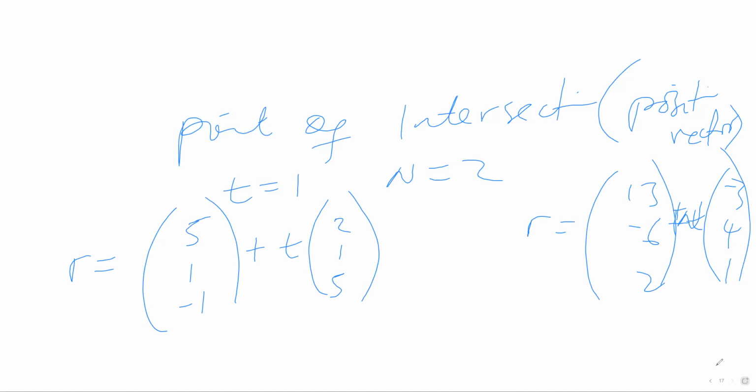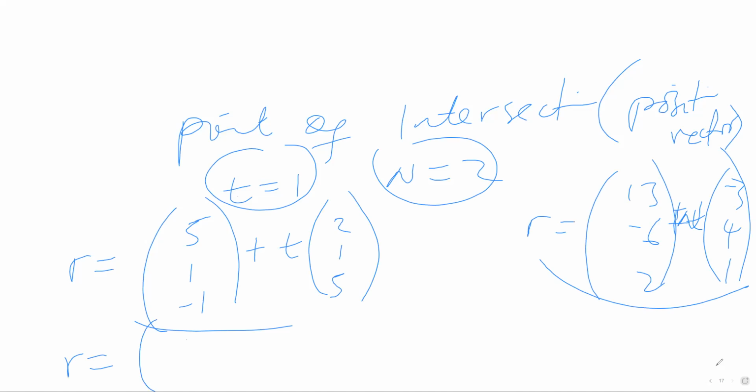So we can either use this one or this one. If I'm using this one here, 5, 1, -1 plus T, which is 1, times 2, 1, and 5, guys. So we end up with 5 plus 2 is 7, 1 plus 1 is 2, -1 plus 5 is 4. So this is the point of intersection. That is a position vector. So that's how we find it.